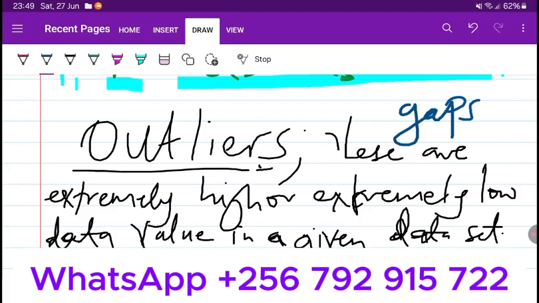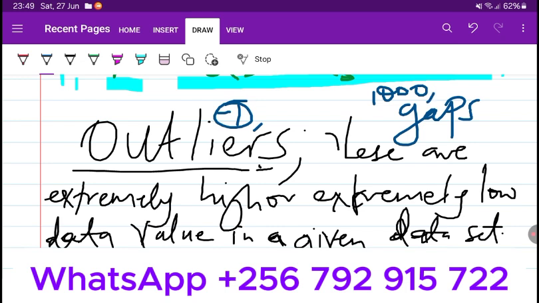We might have, let's say, -1, and the next value that we have is, let's say, 1,000. Honestly speaking, from -1 to 1,000, you are going to see that this negative is far away from the next value.